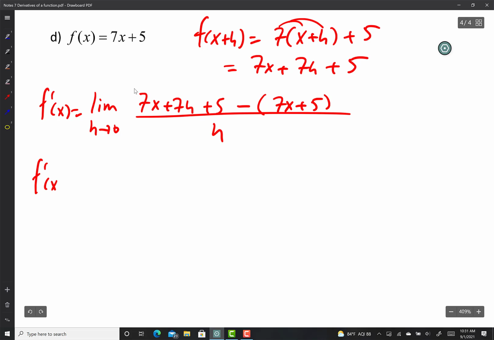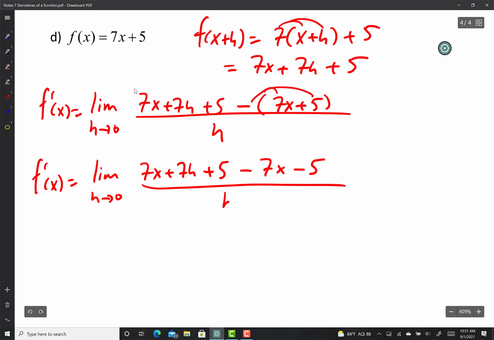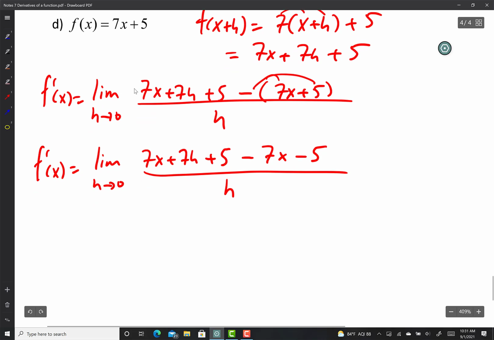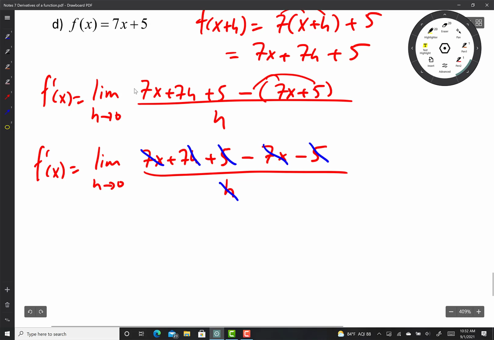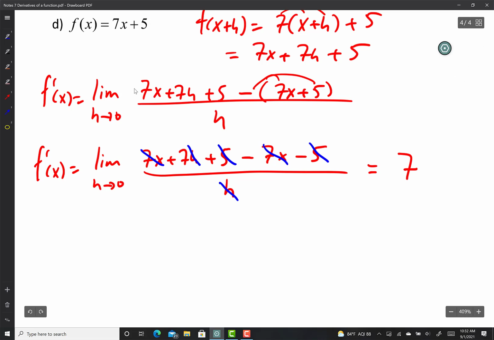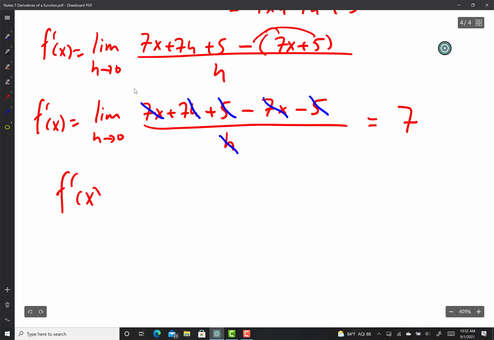Next line, I'm going to distribute this right here: 7x plus 7h plus 5 minus 7x minus 5, all over h. I'm going to zero out first: the 7x's zero out, and then the 5's zero out. And now I just have one term. That h cancels out with this h, and it is no surprise that all you have is 7. So my derivative is just 7 always.